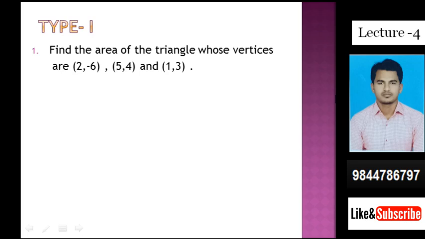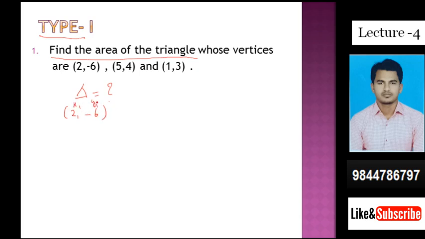In type number 1, I have taken the example: find the area of the triangle. In type number 1, I need to calculate the area of the triangle. It means delta is equal to question mark. Whose vertices are, they have given 3 vertices. Remember one thing, if I am going to write the vertices, it is always in the form of x1 y1.